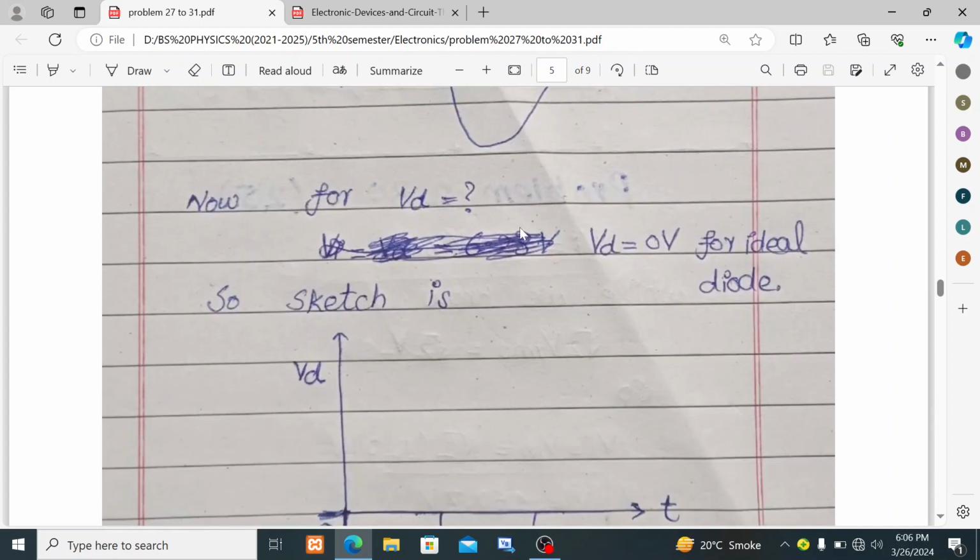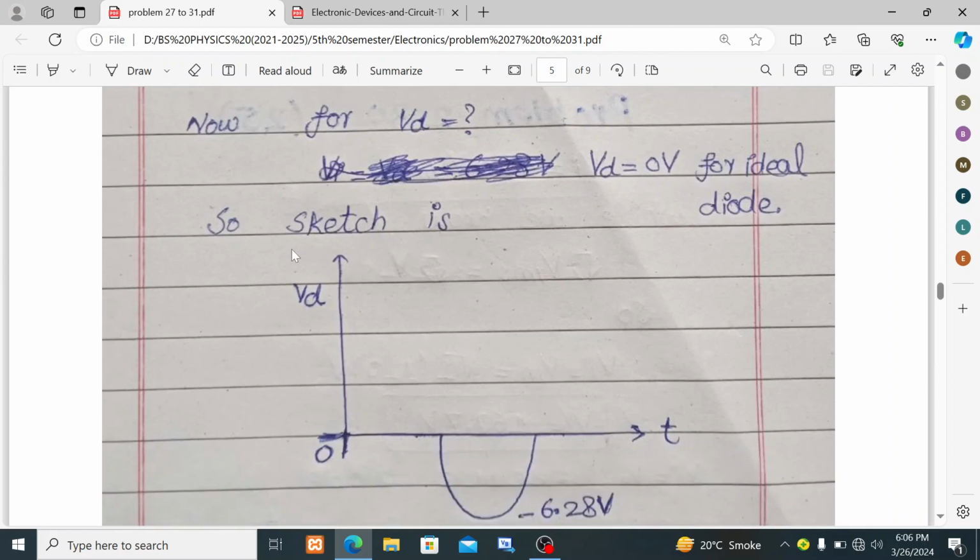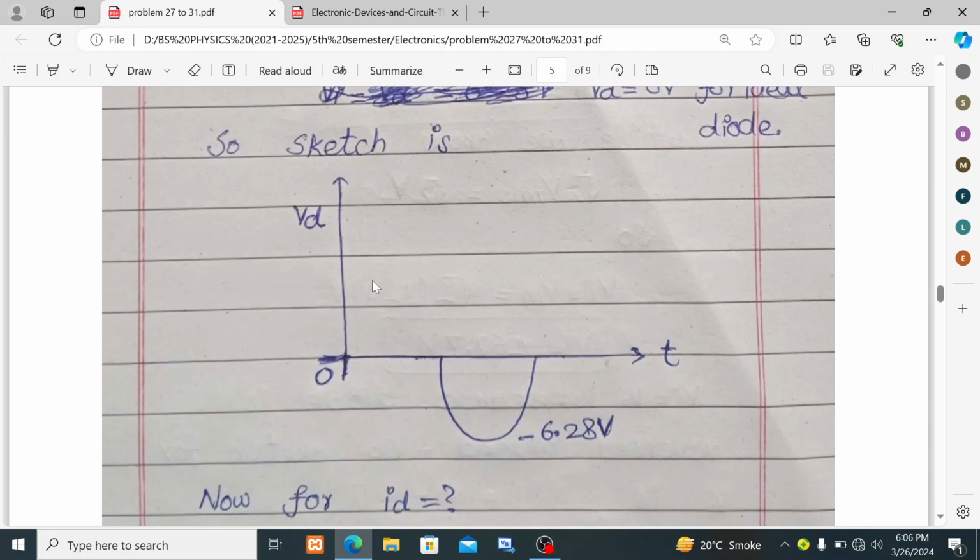Now Vd is equal to 0 because the diode is ideal, so we sketch this one. For positive cycle this is 0, and for negative cycle no current flows, and Vd is equal to negative Vi, so this is equal to minus 6.28 volt.